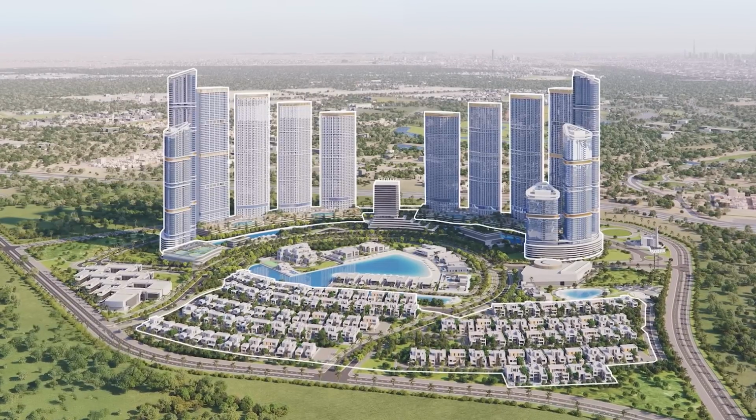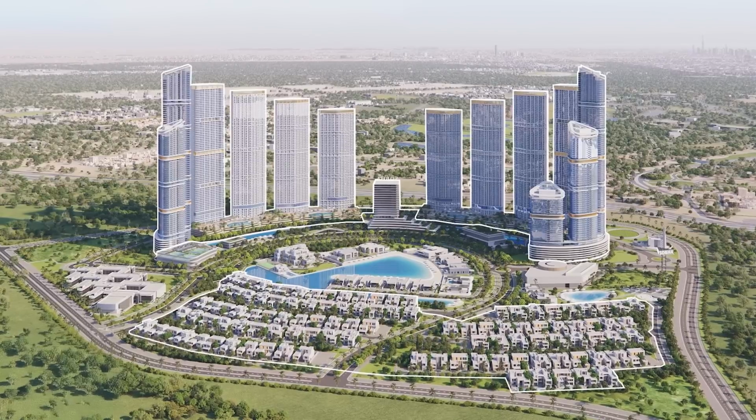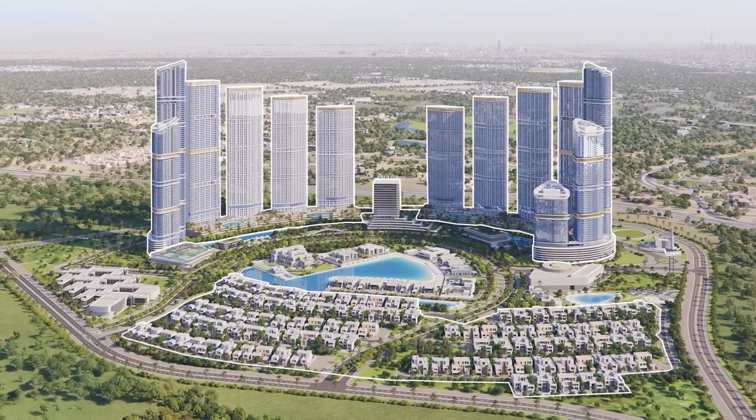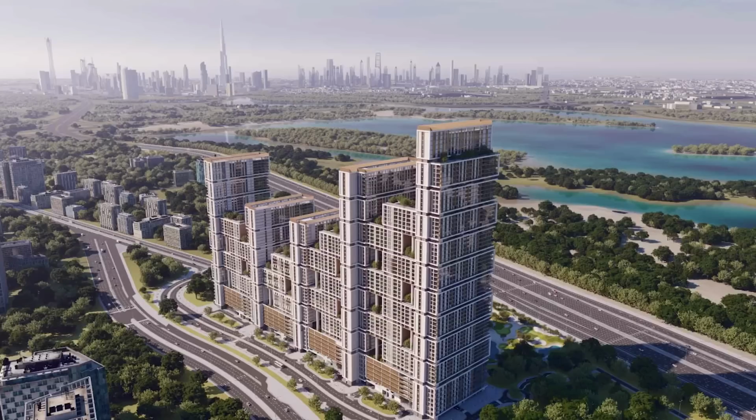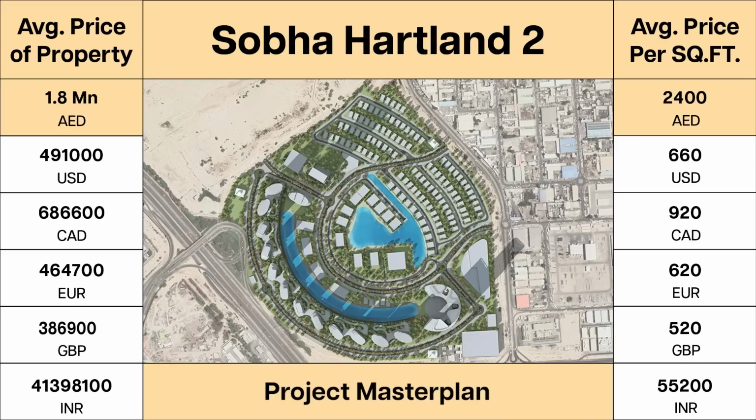The master plan consists of multiple high-rise buildings along with huge mansions built around a man-made lagoon. Also alongside is the Sobha 1 project, one of the biggest residential apartment buildings coming soon in Dubai. Average price per square foot currently is at 2400.